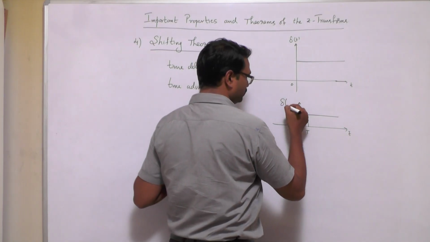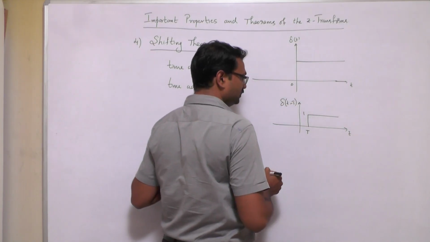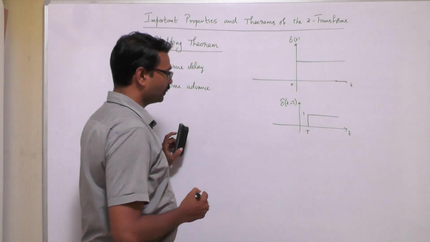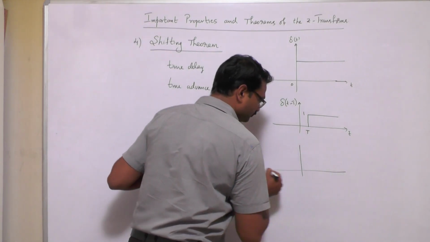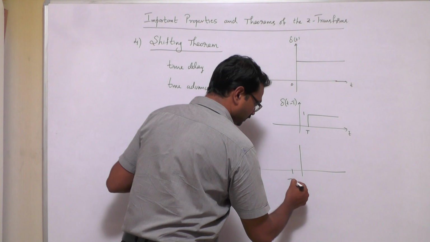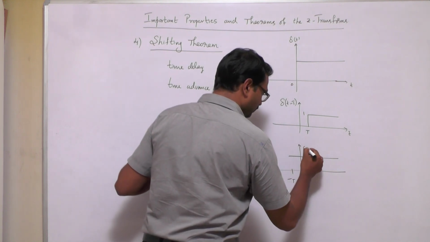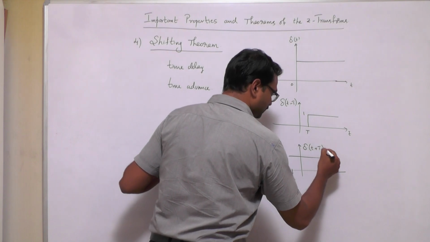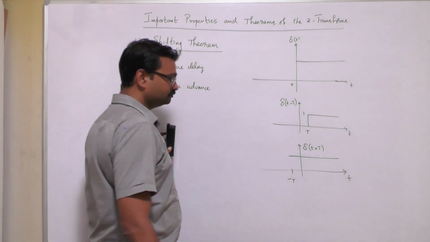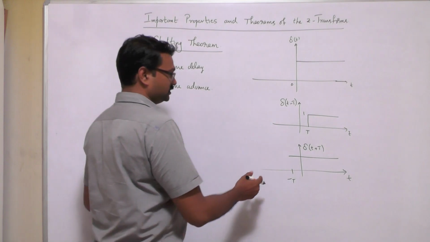Delta of t minus T, and this is time delay. Now when you have this same type of function, it is delta of t plus capital T, and this is time advance.